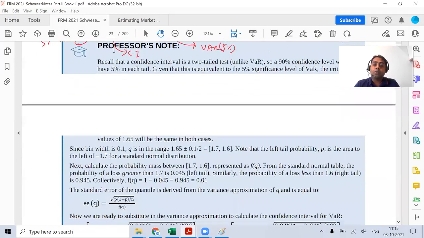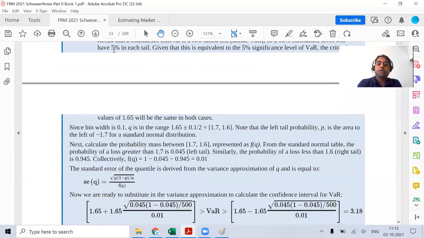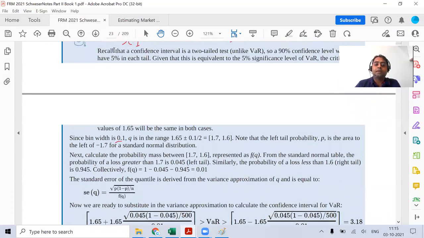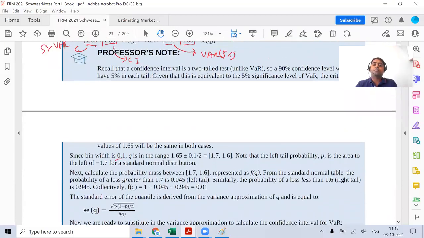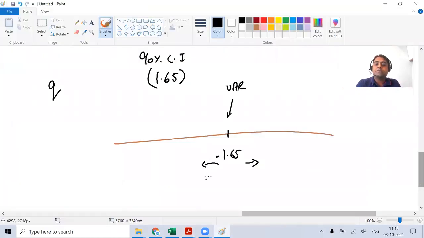And how have they found this? Look at this point. They have used a bin, that bin of 0.1. Primarily 0.1 means they have the total size of the bin right next to this value. So we'll have to go 0.05 down and 0.05 up to get those two values.